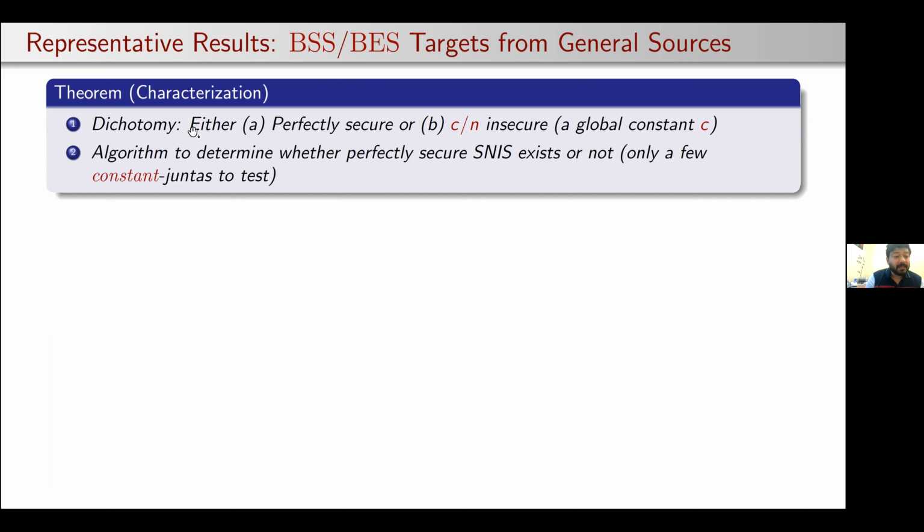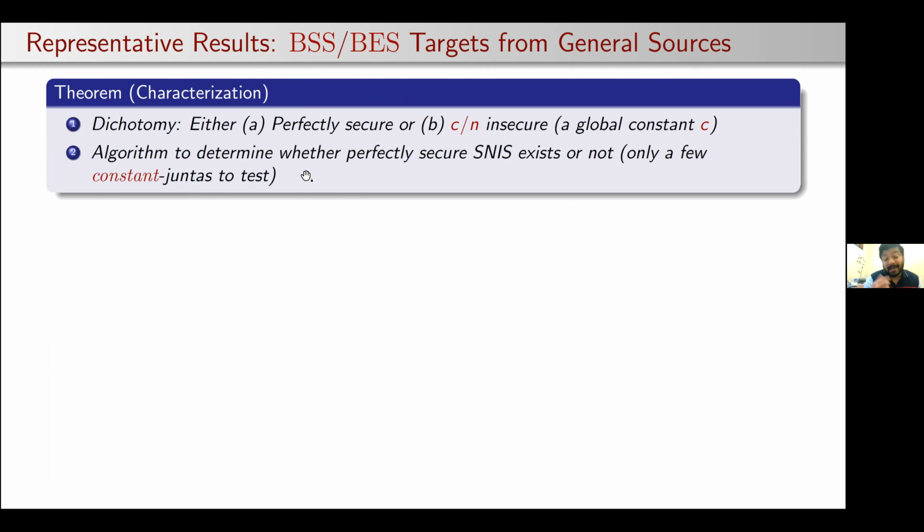In the next work, we consider the secure non-interactive simulation of BSS or BES targets from arbitrary general sources. And we show again that there is a dichotomy that either reductions are perfectly secure or they are inverse polynomially insecure.